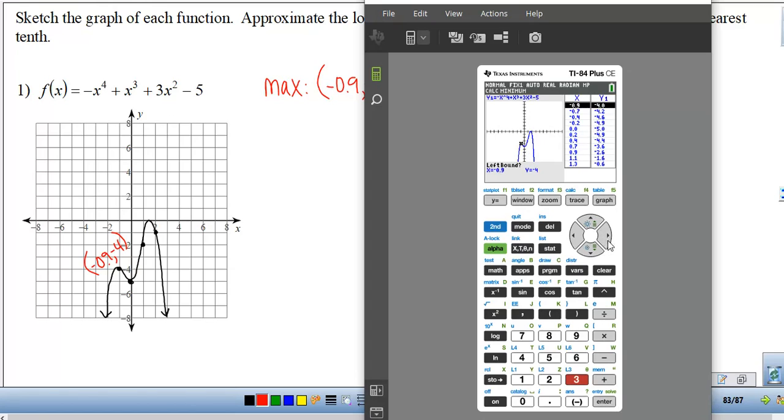We're already on the left, so I don't think you're going to need to move any. We'll hit enter. Now it says go to the right. Once you're on the right, hit enter, and it says guess, and we'll hit enter one more time. You can see you're done because you see the word minimum, and this minimum is located at 0, -5.